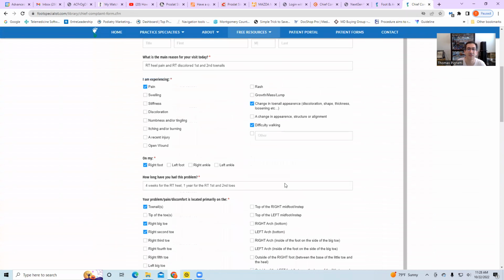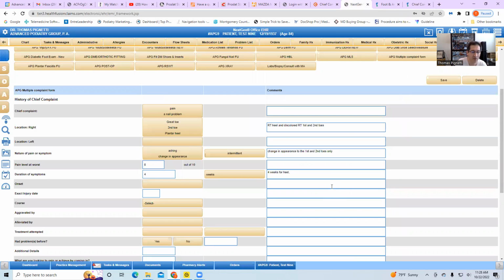Duration was 4 weeks for the right heel, 1 year for the toes. So 1 year for the toes. So you could have left this out if it was going to be these two and just written it here. If it's just one complaint, let's say if it was just heel pain, you just put the 4 weeks on it. You wouldn't have to type anything here. Again, this is a multiple complaint form. So this is how you specify multiple complaints.